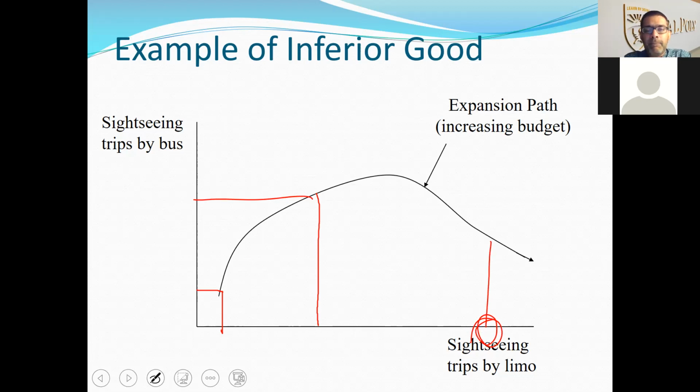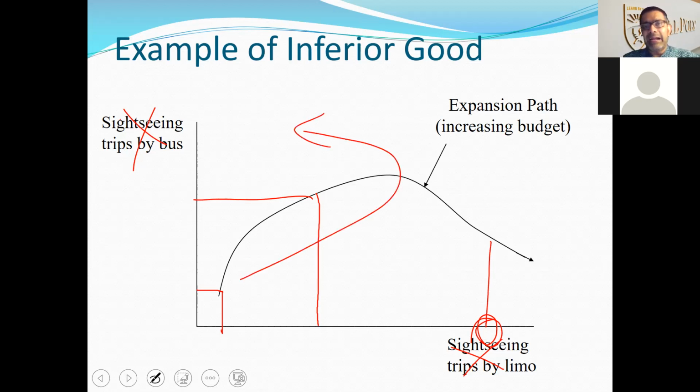So your expansion path. You can tell, even if I didn't tell you these axis labels, which way the curve slopes. If it turns downwards, then you know that downward side is your inferior good. And if I had flipped the axis, then my curve would have looked something like this.